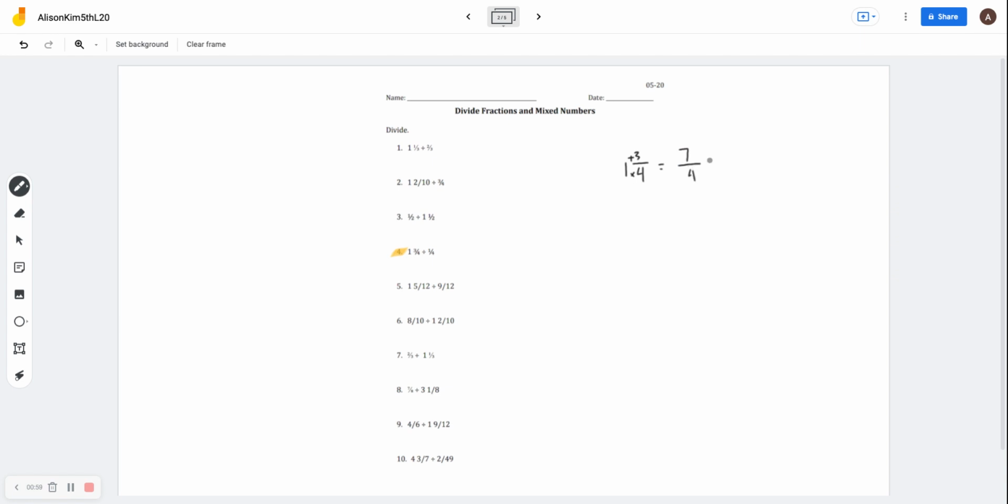Now with this improper fraction, we're going to divide it by 1/4. To divide, we leave the dividend as is, so we leave 7/4 as is. But we turn this division sign into a multiplication sign, and then we find the reciprocal of 1/4, which is 4/1.